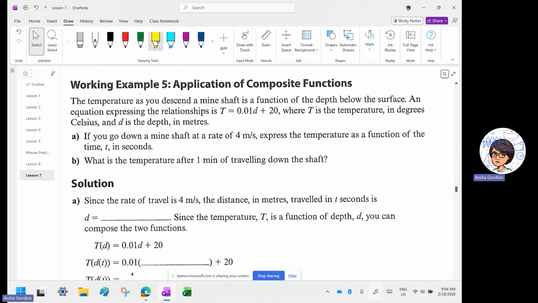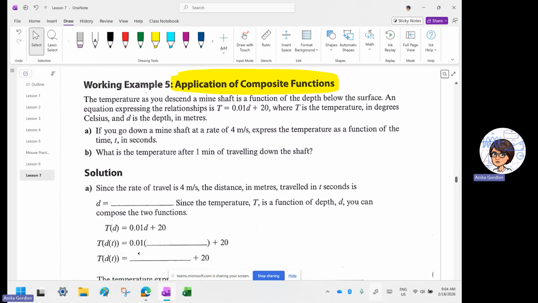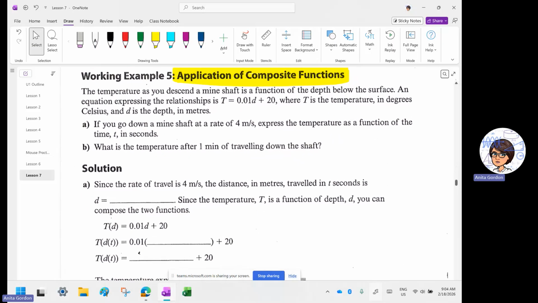Working with examples of applications, this is just word problems, right? Word problems where we're looking at two things that are dependent on, for example, time, I guess in this case, and you want to find one thing in terms of the other. So let's do this example, and we'll call it a day for our lesson today.